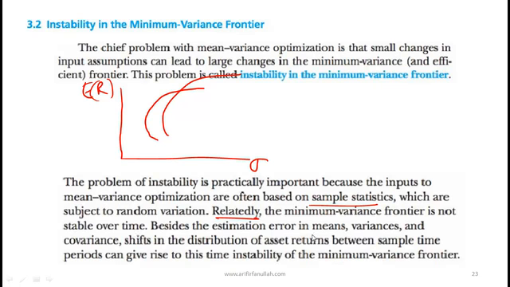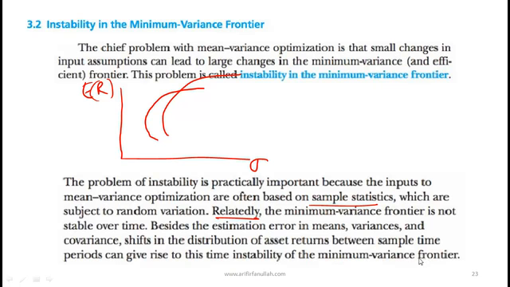Besides, the estimation error in means and variances and covariances, and shift in the distribution of asset returns between sample time periods, can give rise to this time instability of the minimum variance frontier. So the whole point is that your variances might change over time. So depending, when you are taking data for the last 2 years and you get certain variance out of that, then over the next 2 years the variance numbers can change. Or if you take 4 years worth of data, then your variance numbers might be different from if you take 2 years worth of data.